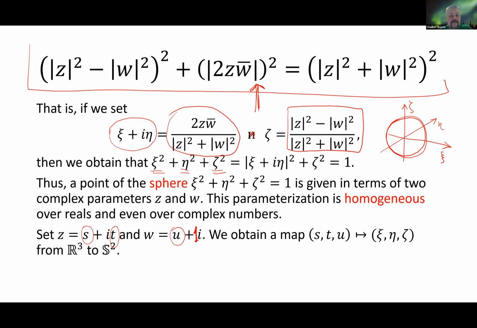Then we obtain a map from the 3 space with coordinates s, t, u to a two-dimensional sphere. What we do is we substitute it into z and w, and z and w will then depend on 3 parameters, and therefore through the formulas we already have here, psi, eta, and zeta, namely the point of the sphere, will also depend on these 3 parameters.